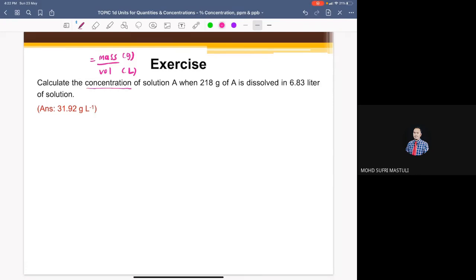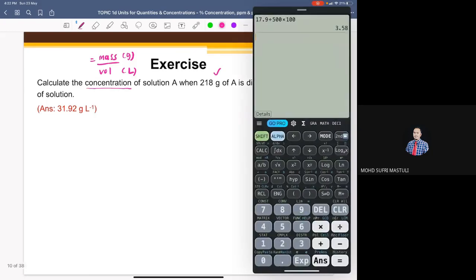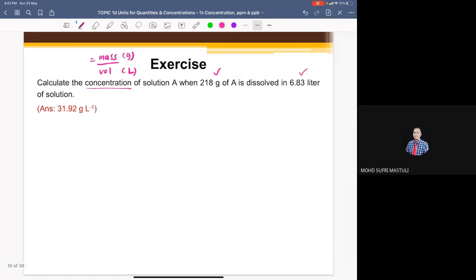So you have to use this gram and then divide it by this liter. So you get 218 divided by 6.83. So you get 31.92 gram per liter. So you have to try this one.